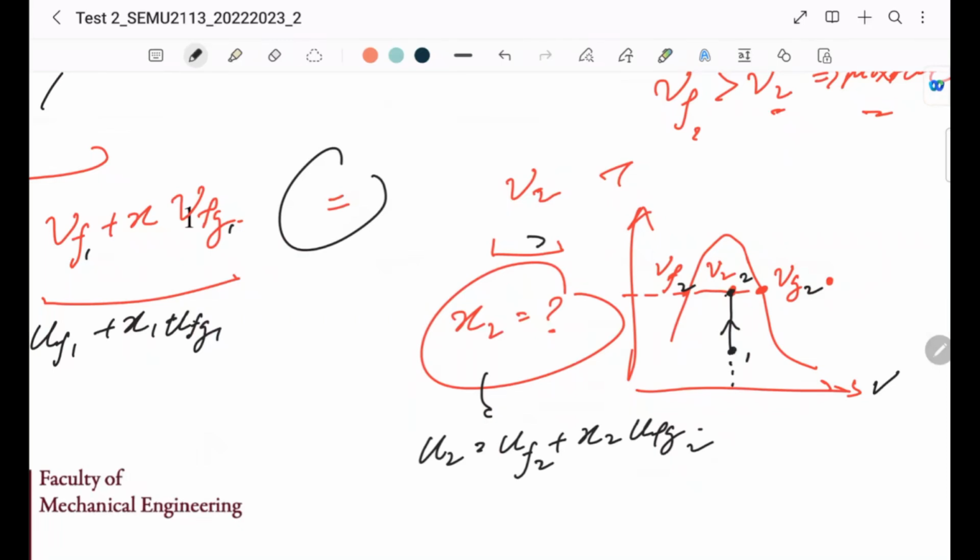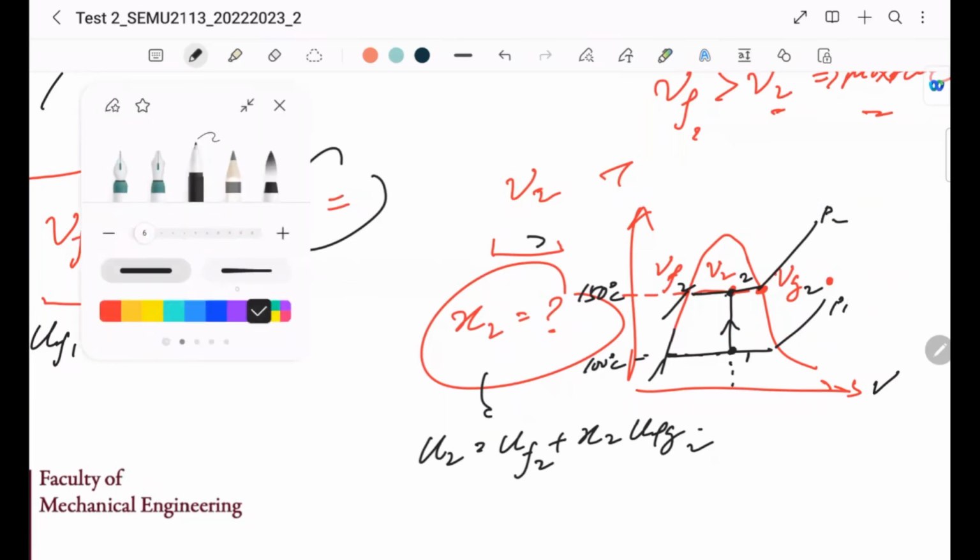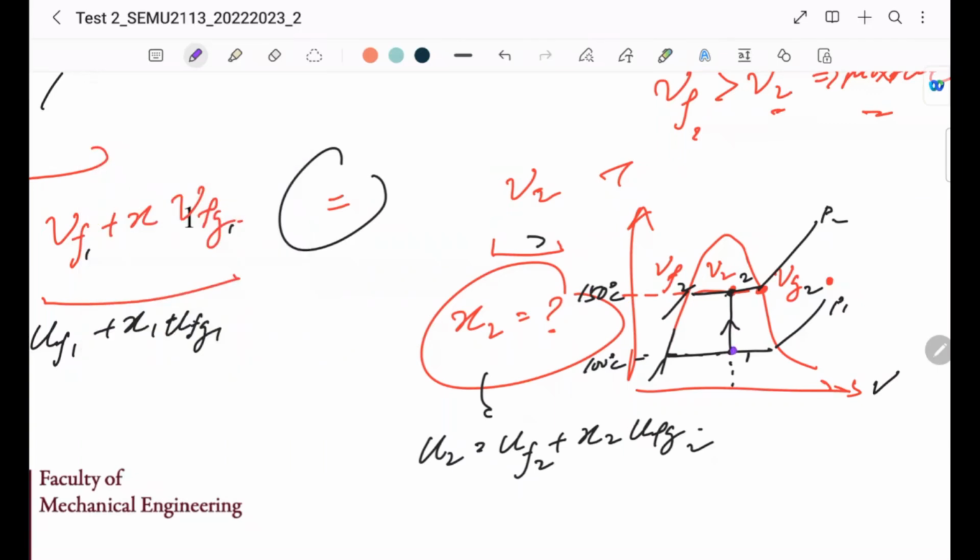So it was changing from this state where the temperature is 100 degrees Celsius to 150 degrees Celsius. So obviously in this case, pressure is not constant. P1, P2. But the state is really from 1 to 2. So it is the purple line.